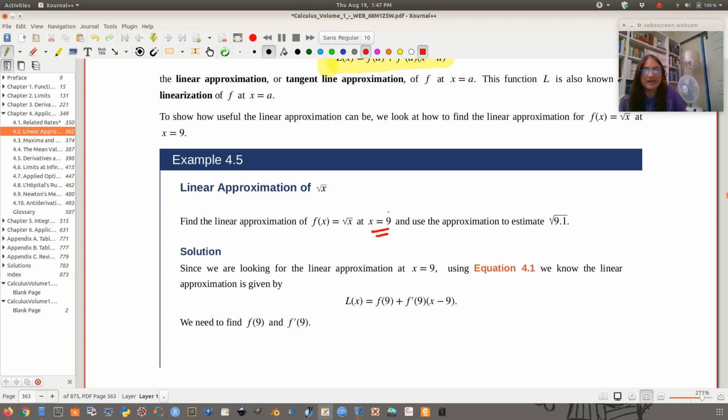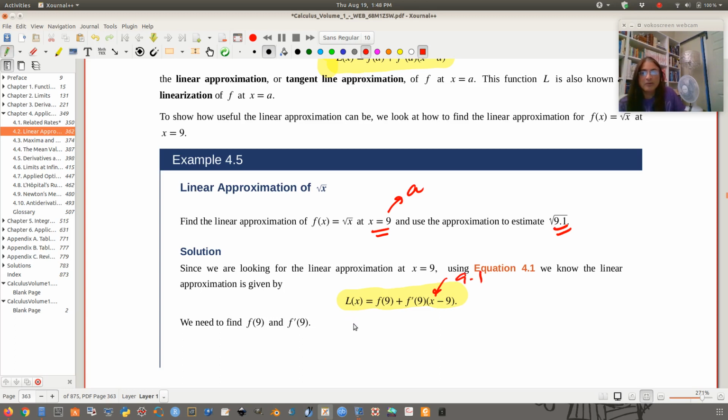So this a is 9. We use the linear approximation formula: L of x is f at 9 plus f prime at 9 times x minus 9. What is x? 9.1. So dx is basically 0.1. Plug in 9.1 for this.